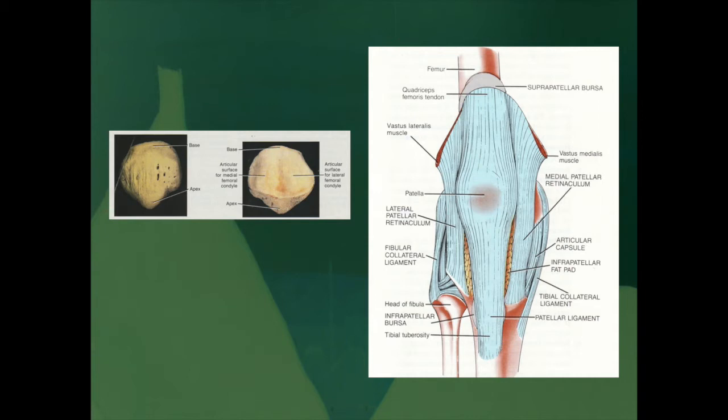We have the second component, could be considered a second joint itself, a lateral tibiofemoral joint, again associated with those lateral condyles. And then a third, a medial tibiofemoral joint, again associated with the medial condyle of the femur, and then of course the medial condyle of the tibia as well.